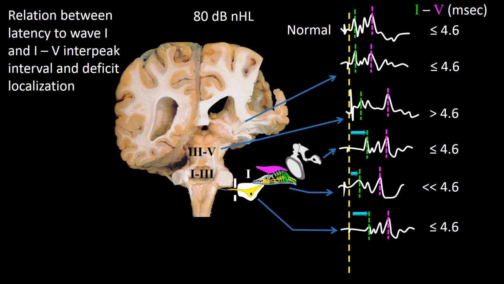In cases of intraosseous cranial nerve 8 injury, latency to 1 will be increased, and often the 1 to 5 interpeak latency or interval will be normal. In the presence of inferior pons or intracranial nerve 8 pathology, the latency to wave 1 is usually increased, and so is the 1 to 5 interpeak latency.